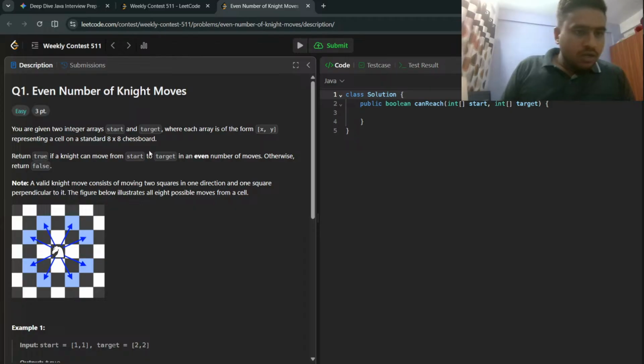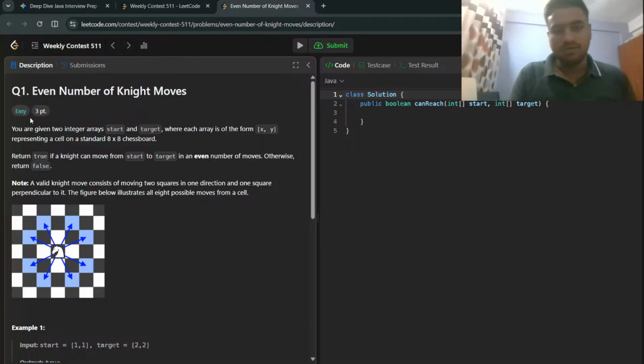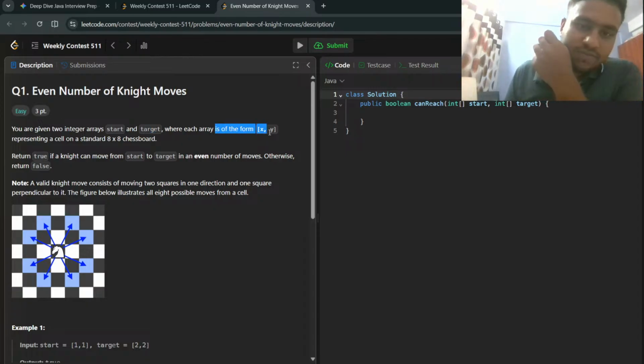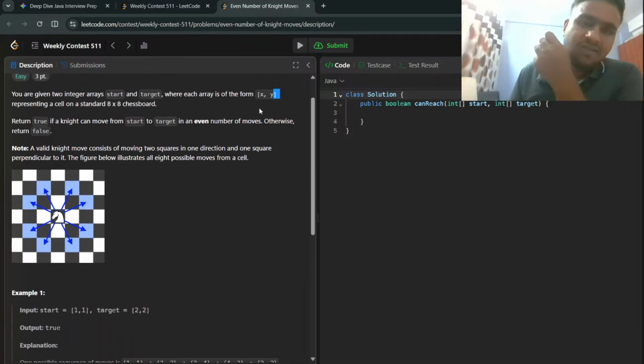Yeah, sure. Firstly I'm going to read the problem, and then I'll share my approach with you guys. You are given two integer arrays start and target, where each array is of the form x comma y, representing a cell on a chessboard.